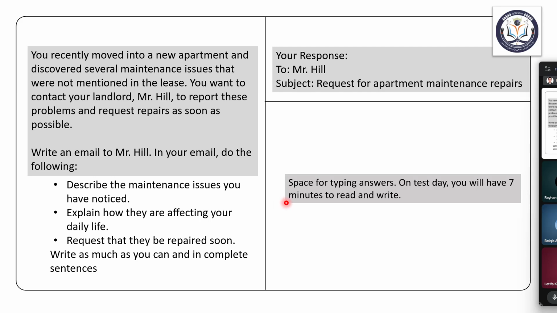So it is a sample email that we may have on the test, similar to this one. The organization, the sections we face, the situation, the bullet points, the recipient and the subject, and the place where we need to write our response.